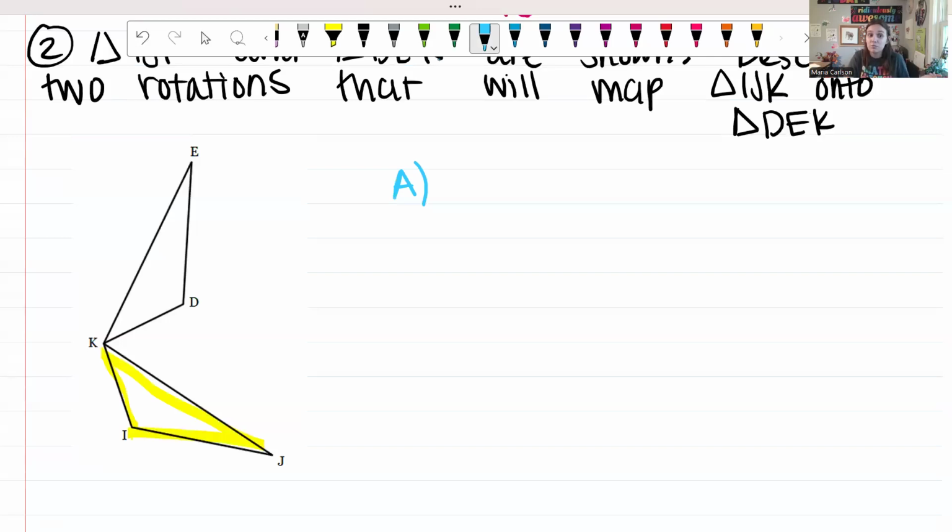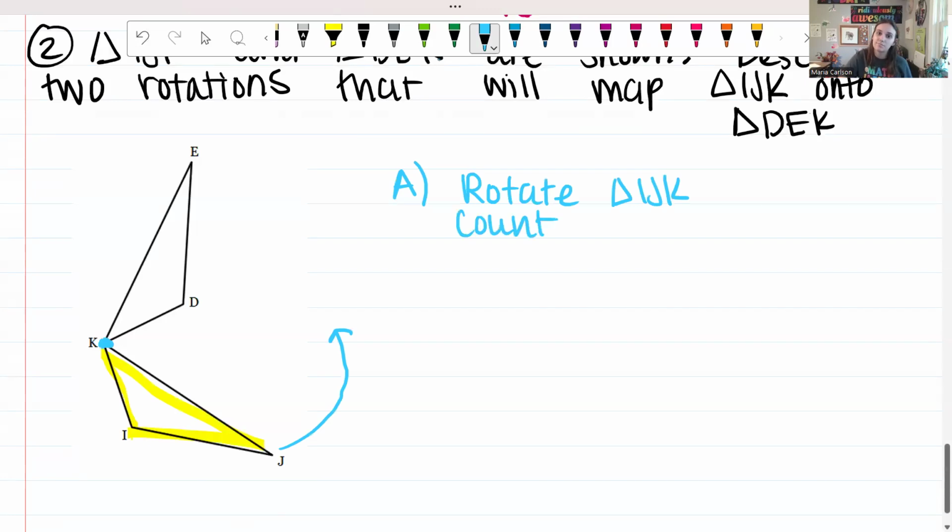It looks like it's going to be rotating around this fixed point K. And we could rotate triangle IJK counterclockwise about point K until these slopes are equal.